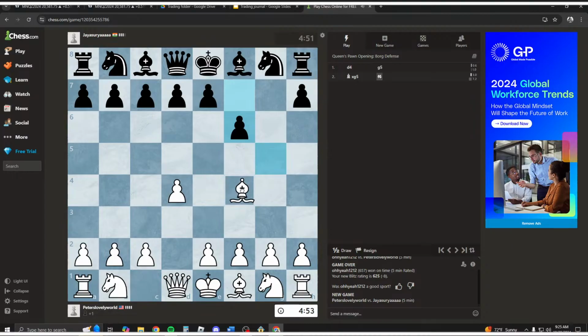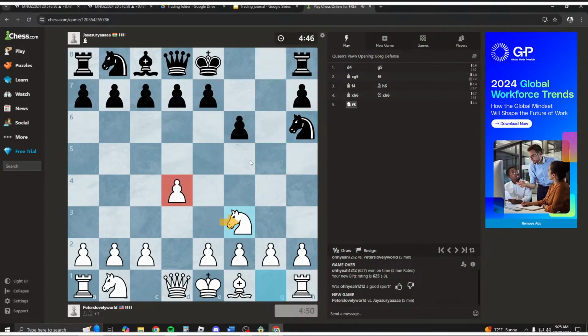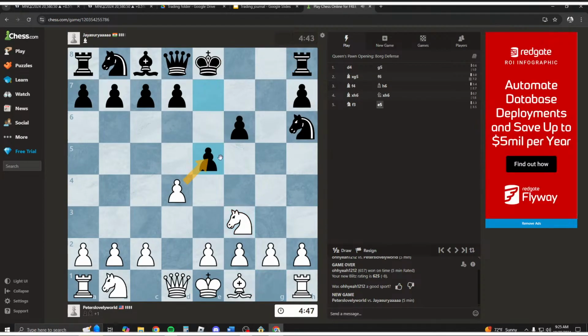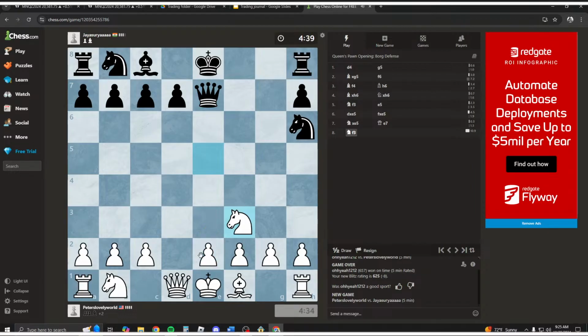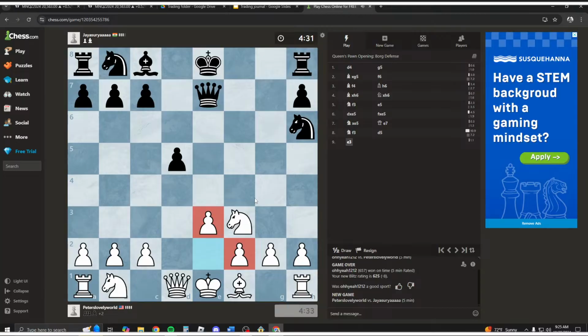That was an interesting move. Interesting maneuver. I shouldn't have taken that actually. Well, this whole side is actually just super messed up. I'm up 2 pawns, but my development's kind of thrashed.